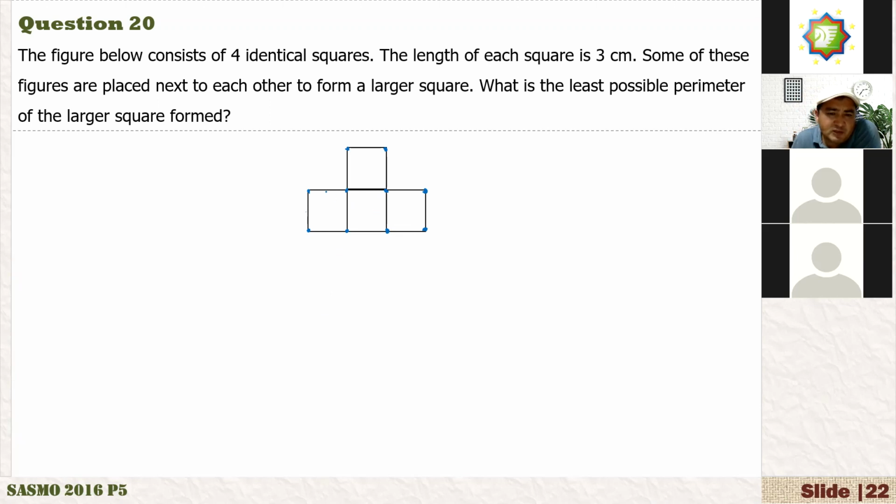Here, how many pieces do we have? 1, 2, 3, 4, 5, 6, 7, 8, 9, 10, 11, 12, 13, right? So if I have 13, using 13, we are just going to form a square like this.